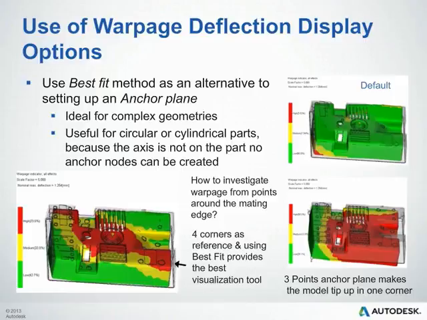That's going to be slightly better on this part, but second best, you could always put an anchor plane on there. You could put an anchor plane in each corner of the part and see how it tips. It all depends on how you're going to visualize this in reality and measure this in reality, because we want to use a similar measuring technique so our results align.